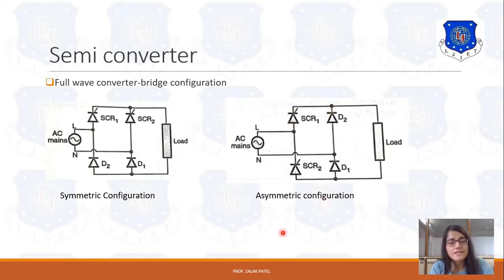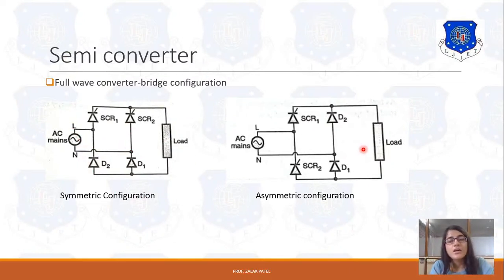So in asymmetric configuration, either only SCRs or only diodes are conducting, while in symmetric configuration both are involved: SCR1 and diode 1, and in another cycle SCR2 and diode 2.